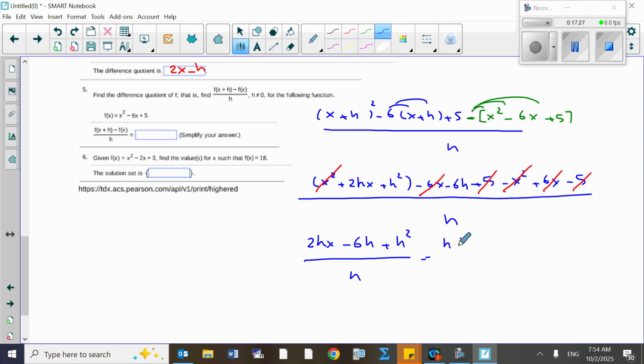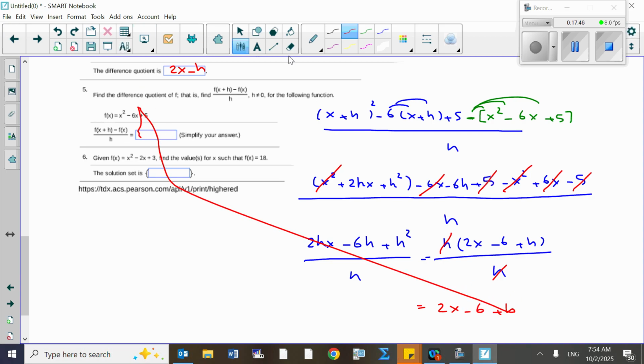So I factor h out. The first one will be just 2x, the second one will be negative 6, and the third one is just h, divided by h. The h cancels, and the answer is 2x minus 6 plus h. Oh, sorry. So 2x minus 6 plus h is the answer.